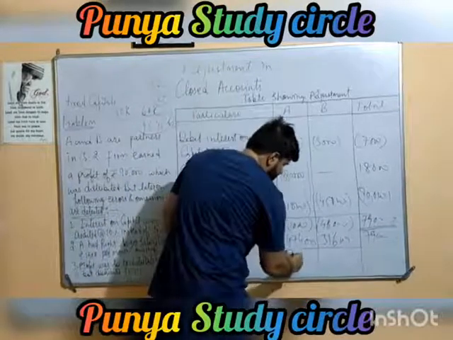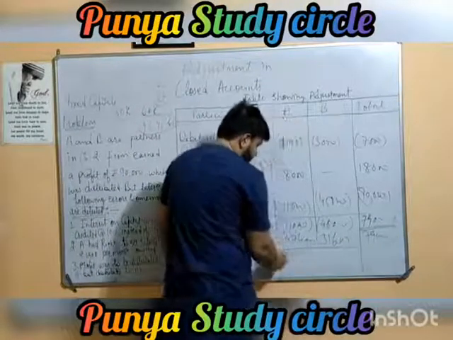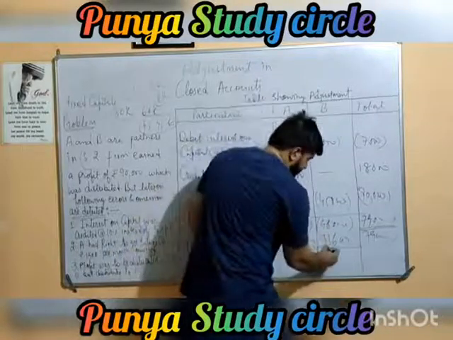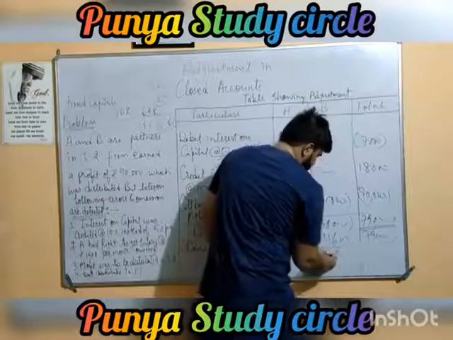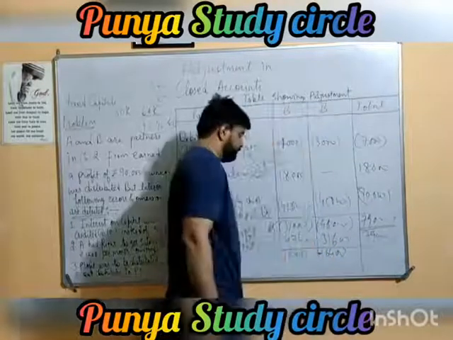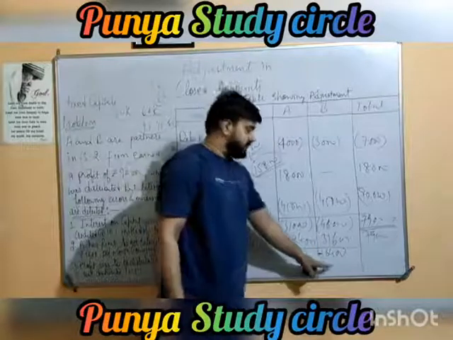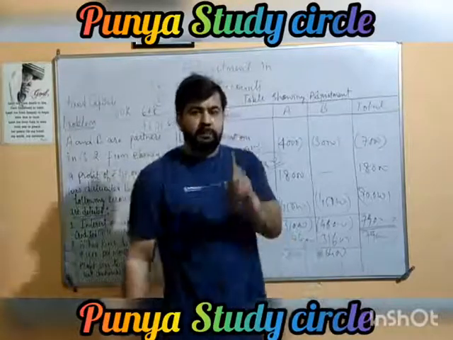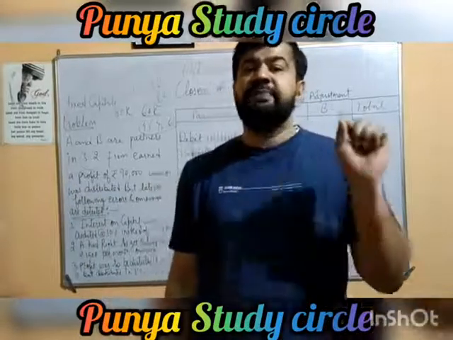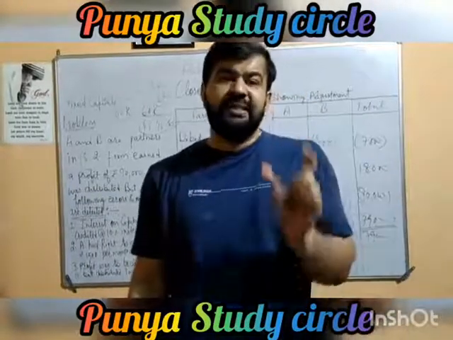So here we are having 16,400 positive. Here we are having more debit than credit, so 16,400 negative. What you have to do, you have to take 16,400 rupees from B and give this 16,400 rupees to A, who was deprived of this net effect.